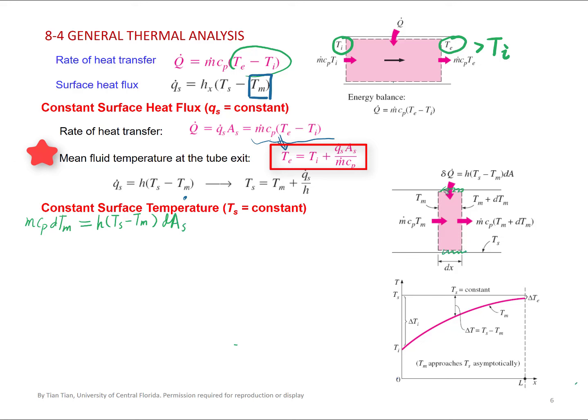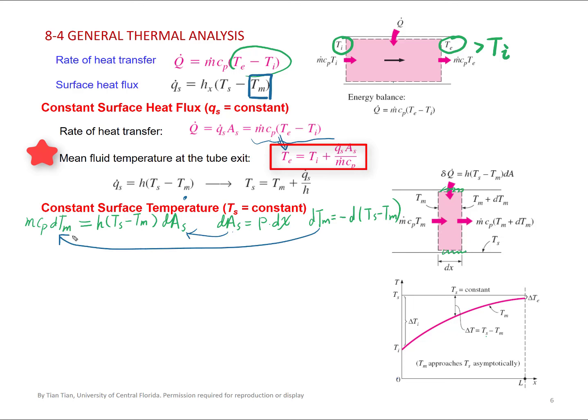You know this dAs should be the surface area. So dAs is the perimeter multiplied by dx. This P should be the perimeter of the cross-sectional surface. Let's write dTm as negative d(Ts minus Tm), since Ts is a constant number.